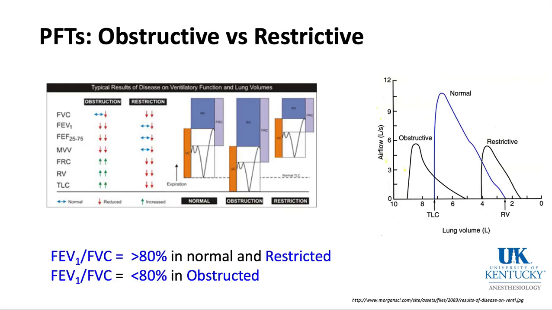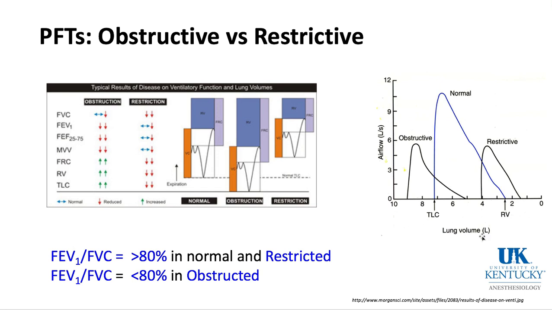Let's look at pulmonary function tests and use them to determine whether a patient has obstructive versus restrictive lung disease. Let's look at the graphic on the far right first, which shows on the y-axis airflow in liters per second, and on the x-axis lung volume in liters.